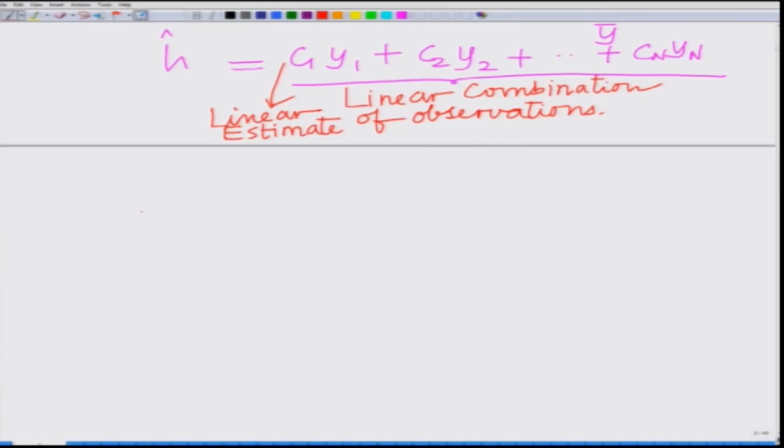Okay. Now we want to find the mean square error, that is MSE.